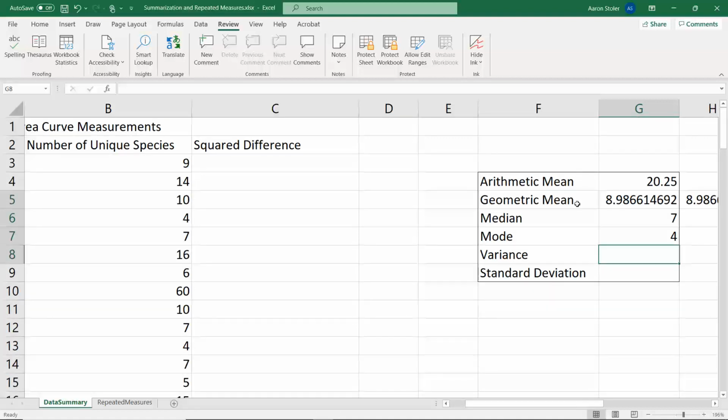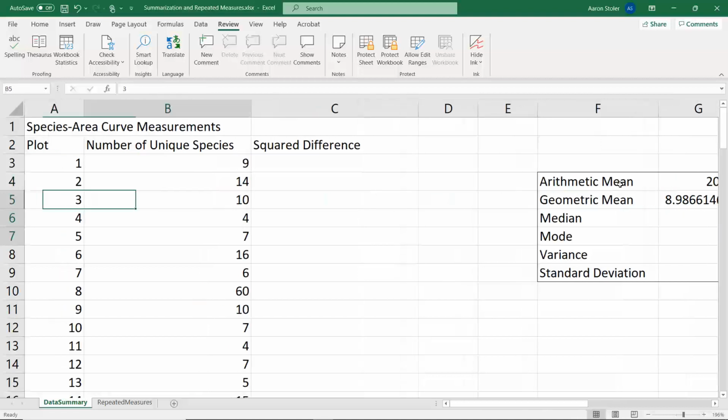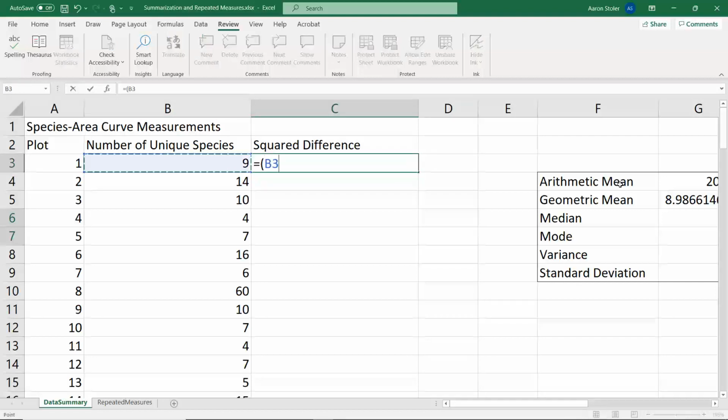The variation is a little bit more challenging. The variation is the average squared difference of each point from its mean. In order to do this, we're going to use the arithmetic mean, not the geometric mean. The squared difference of 9 from the arithmetic mean is equal to 9, or B3, minus the arithmetic mean, G4, squared.